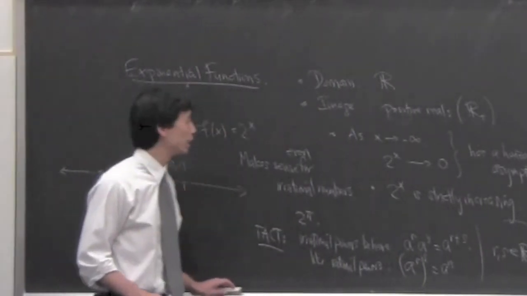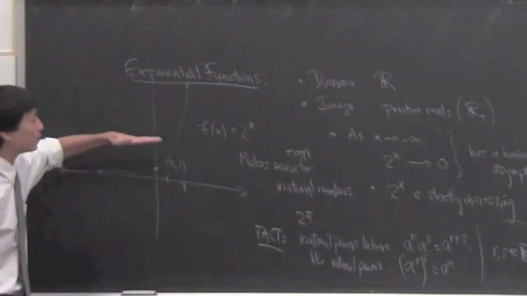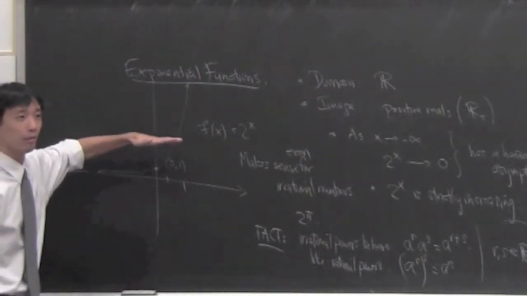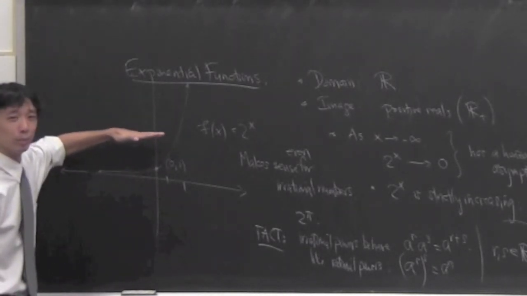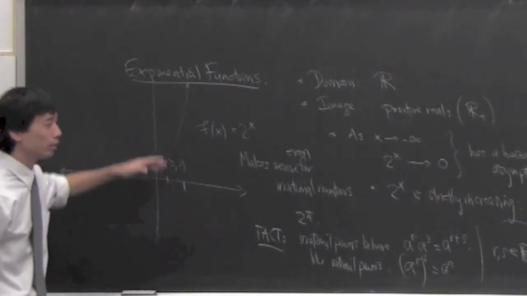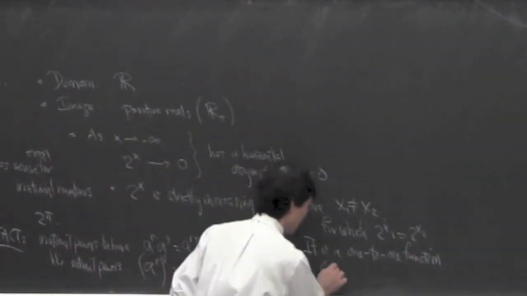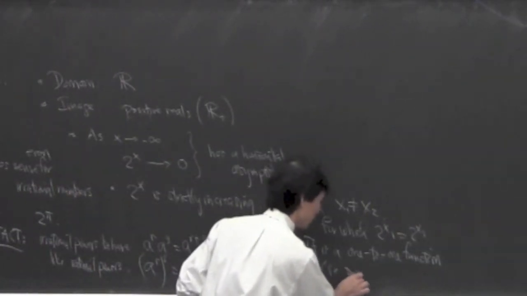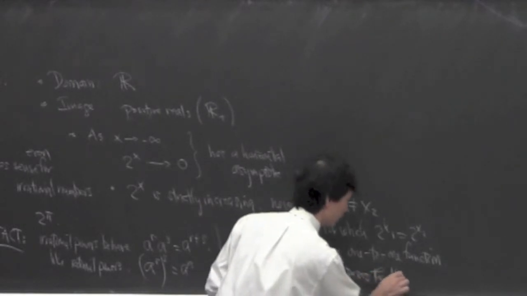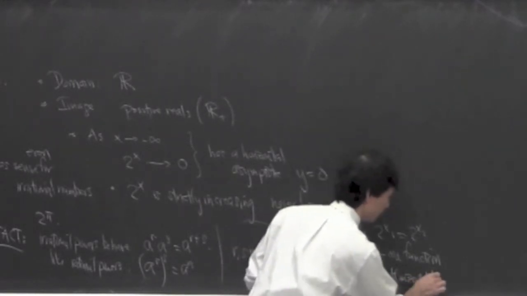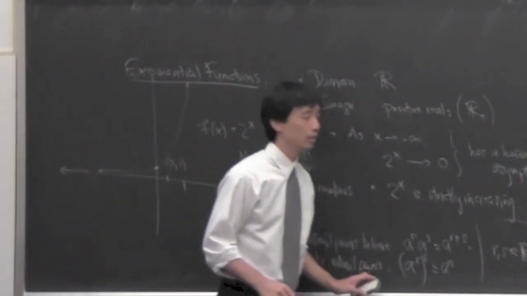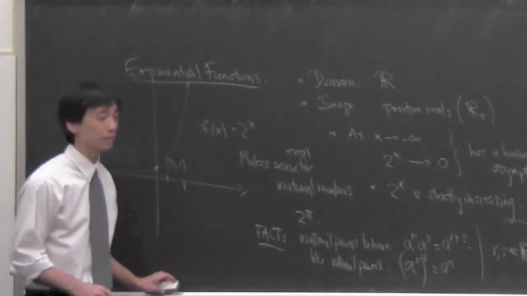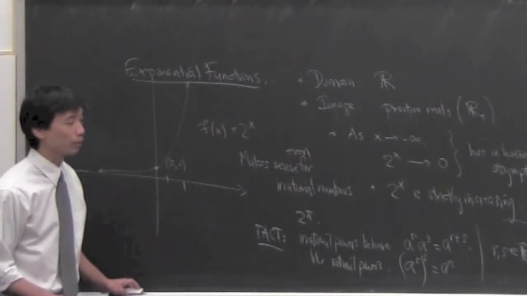Another way to say it is that it passes the horizontal line test. If you draw any horizontal line, it only intersects the graph at one point. Another way of saying it.